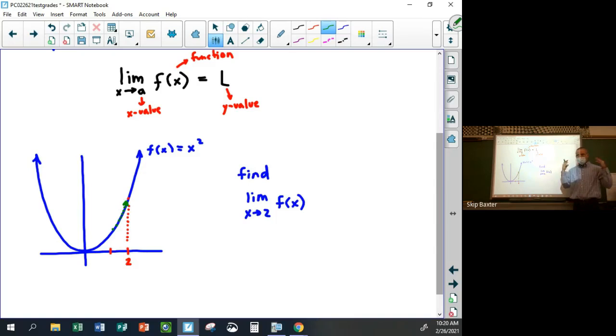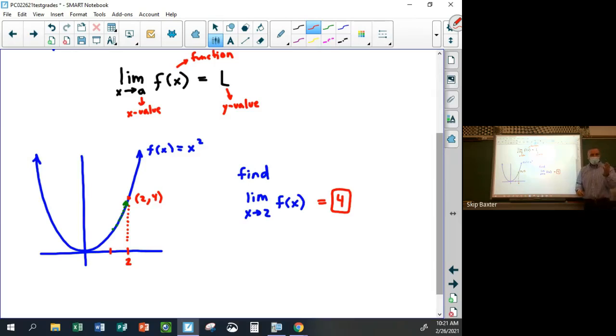Answer: 4. Definitely, right? Because this point right here has coordinates 2, 4, because it's x squared. So if I'm walking along the curve towards that point, I'm heading towards the y value 4. This limit, therefore, is 4.